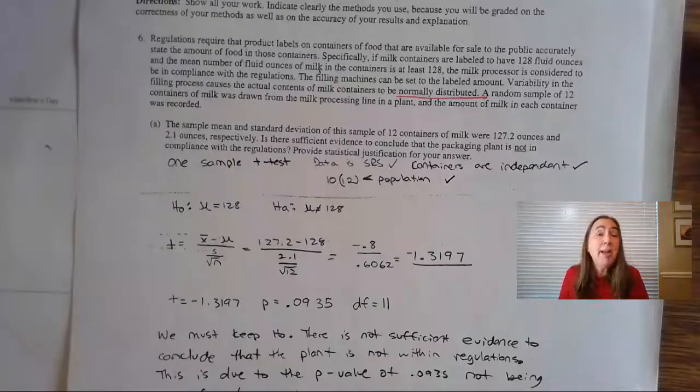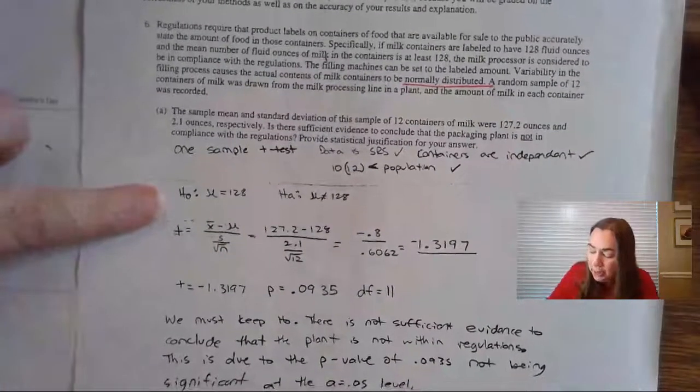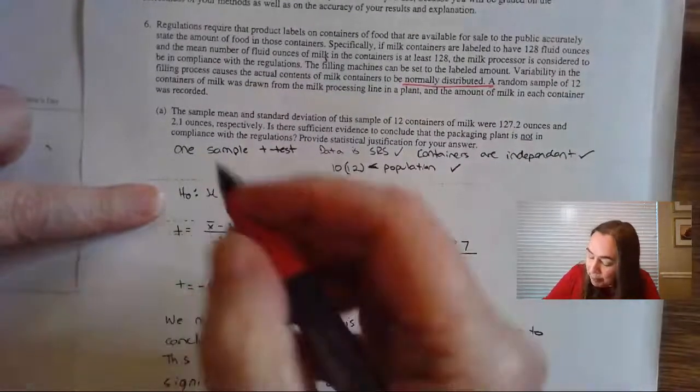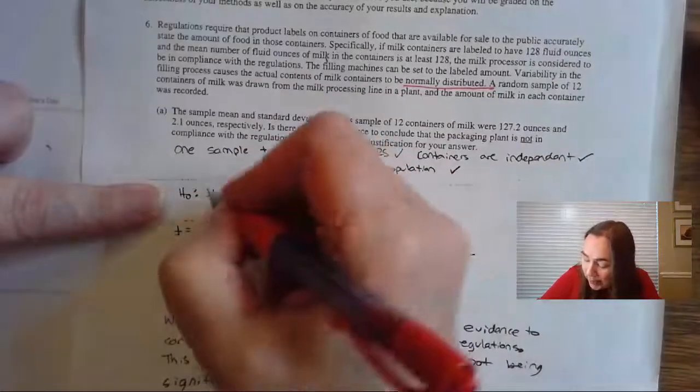So when you start a test of any type, you're going to start out with the hypothesis part, the H0 and the Ha. Now we're going to see some differences here in the way I've taught you how to do these problems. We're going to start out with the H0. The first check is mu equals 128.